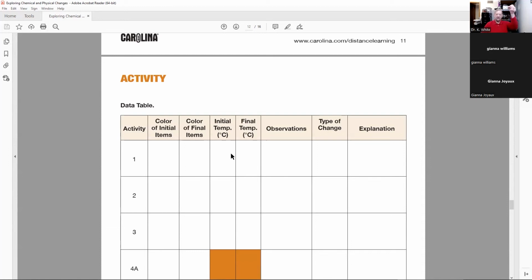Initial temperature, you'll measure that with a thermometer. You have that in your kit. And a final temperature. Now, here, observation. Did you see a gas form, bubbles? Write that down. Did you see a color change? If you did, write that down. Did you see a temperature change? And you can see if there's a major difference between initial and final temperature. Temperature change occurred. And did you see a precipitate?